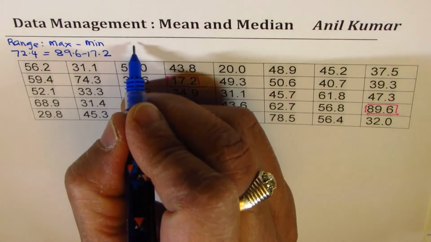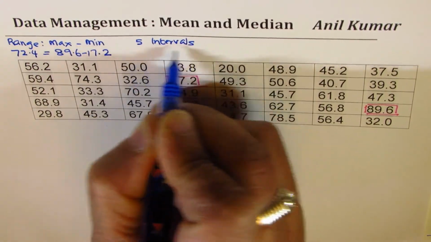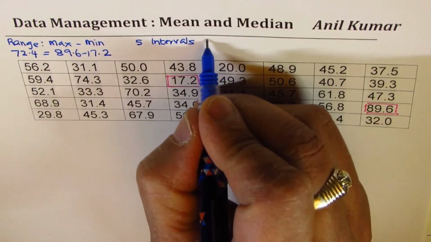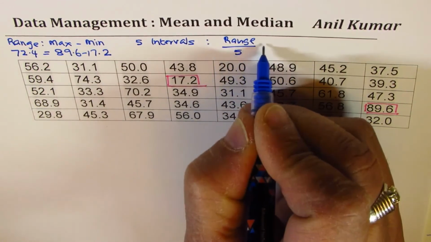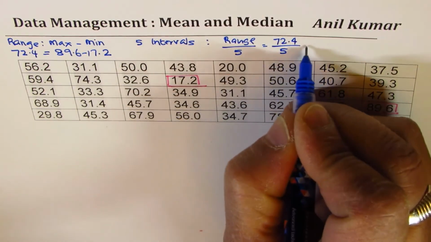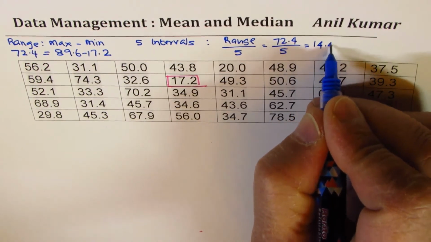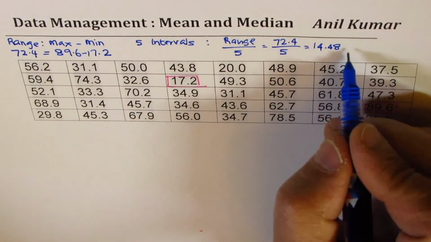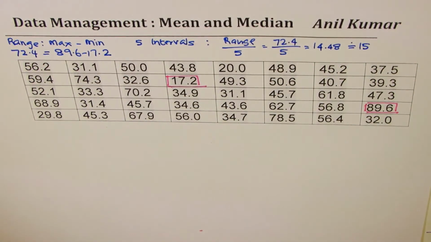Now we need 5 intervals. Since we need 5 intervals, we'll divide this range by 5. That is to say, we'll do 72.4 divided by 5. That gave us 14.48. Right? Now this could be approximated to 15. So that's a good number for class interval.